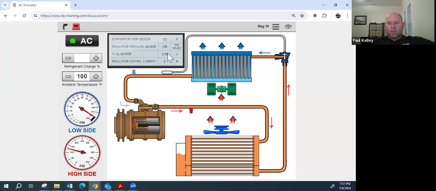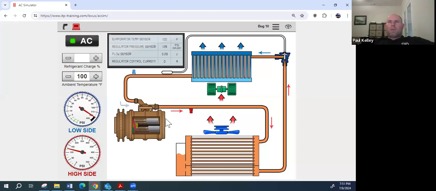The way this sensor works, the more flow there is, the higher the voltage will be. So if there's a lot of flow, what's it going to do to this variable displacement compressor? There's already plenty of flow. What's it going to do? It's gonna back it off, right?